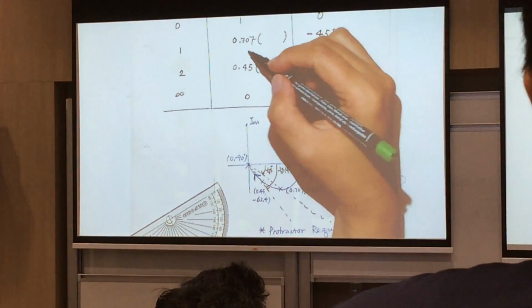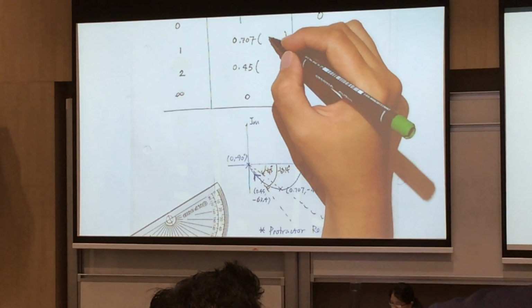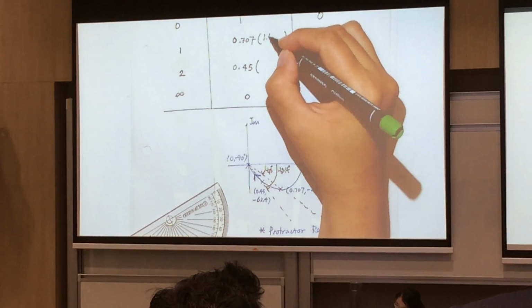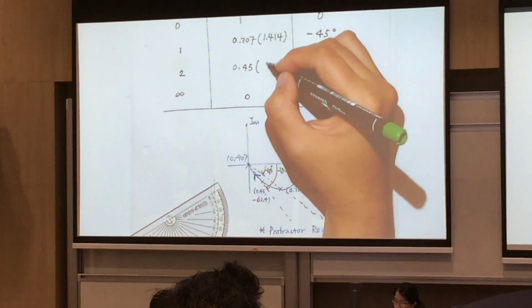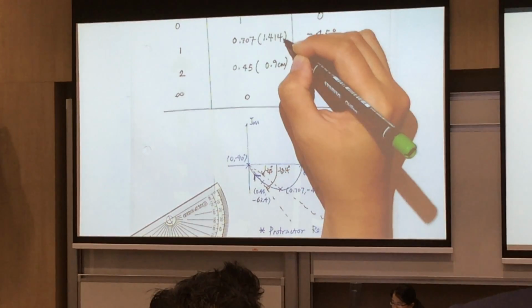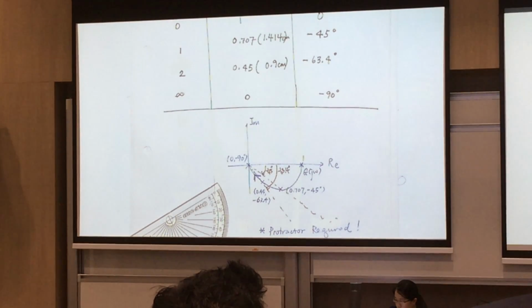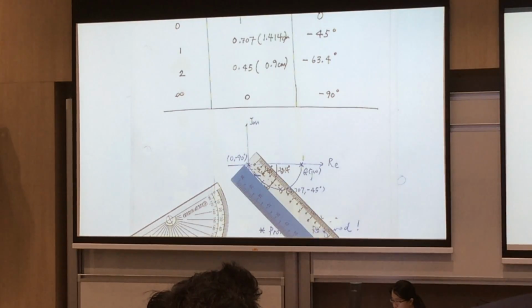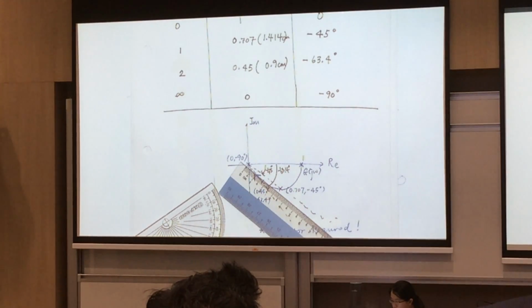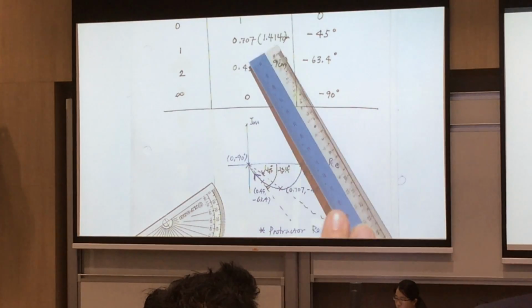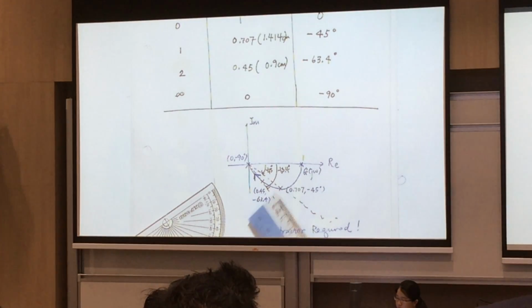If 1 unit is 2 cm, this is 1.414 cm, and this is 0.9 cm. With your ruler, place it from your origin to the dot, then measure 1.414 and mark it across.